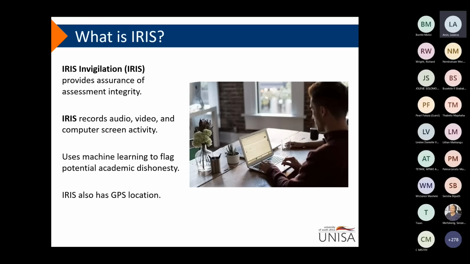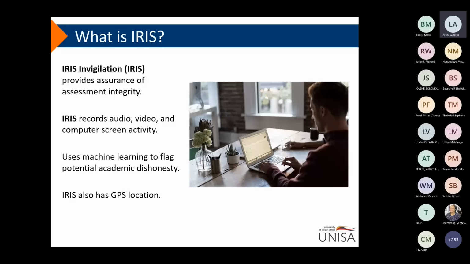But it is not IRIS or the machine learning tool that determines whether you cheated or not. It might flag you, and if you do get flagged, a person will look at your recordings to see what you were doing at those particular moments, to actually make the determination of whether you were cheating or not.